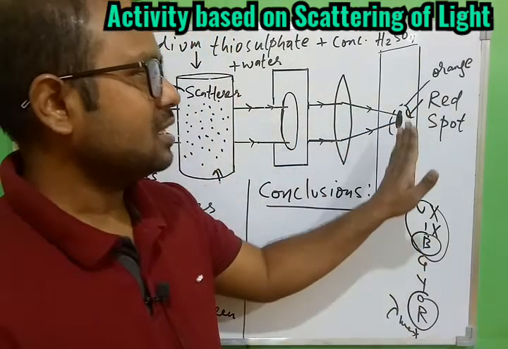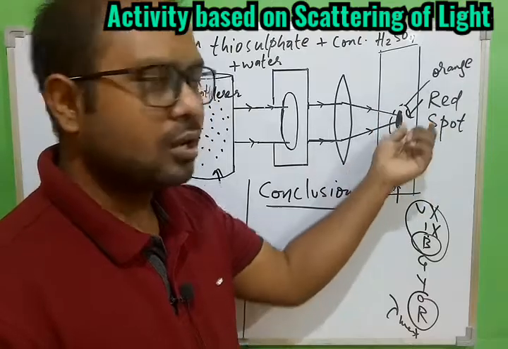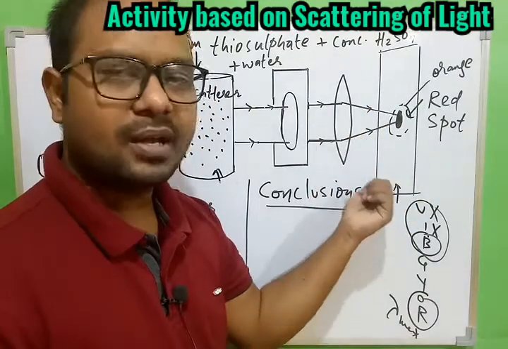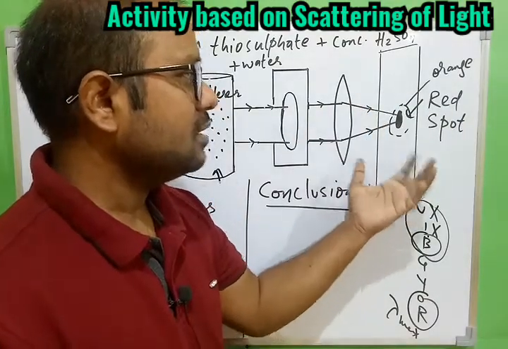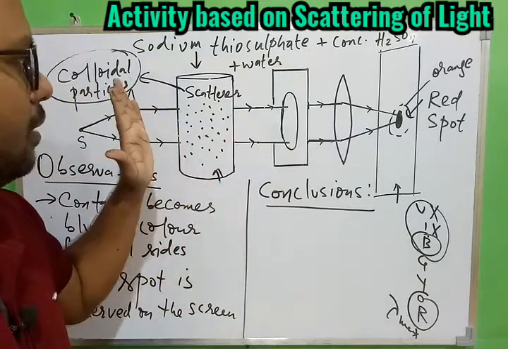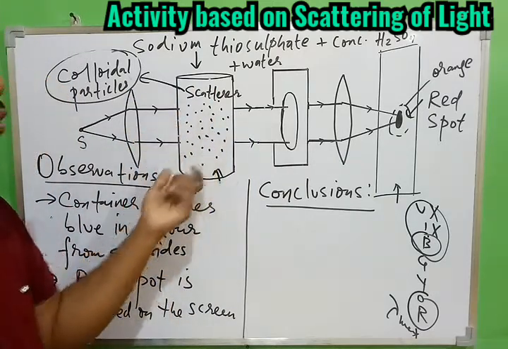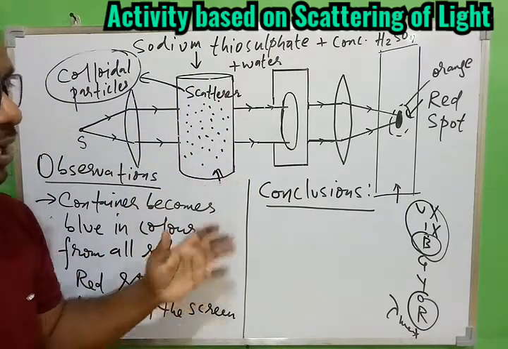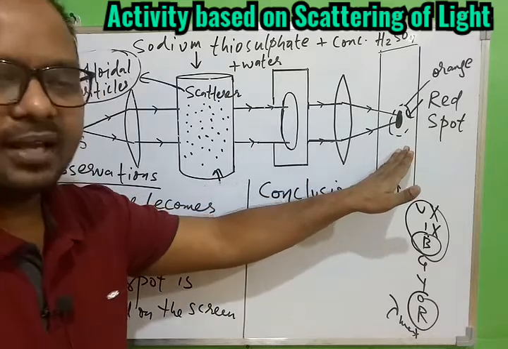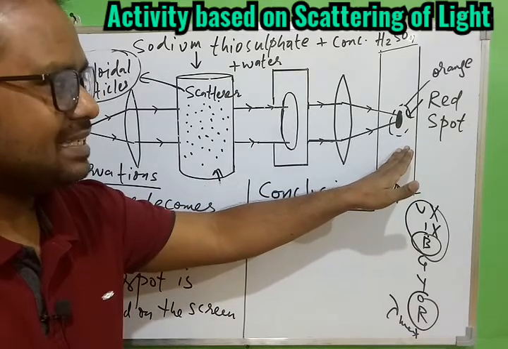So overall on the screen you see the red spot, surrounded by orange. It is nothing but the unscattered light which could not be scattered by the colloidal particles. So this gives you the explanation why we are able to see the red or orange color of the sun.